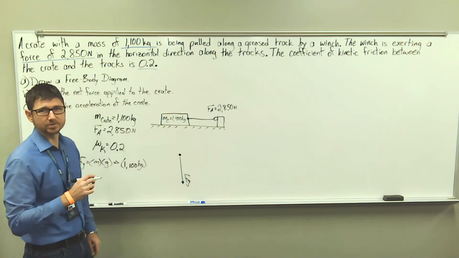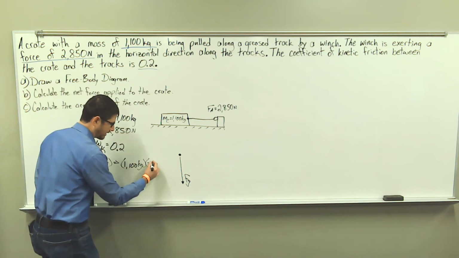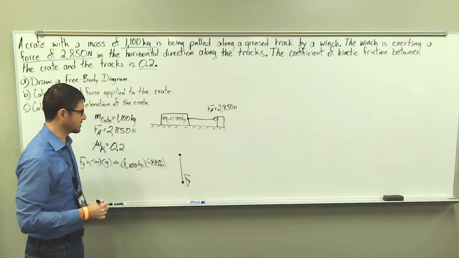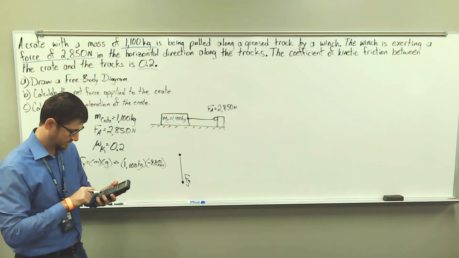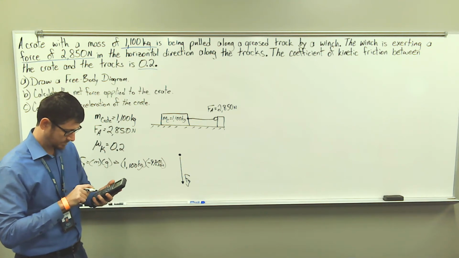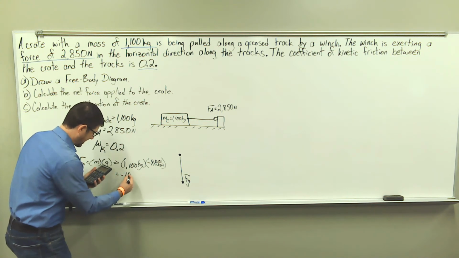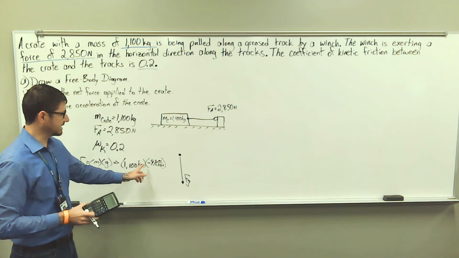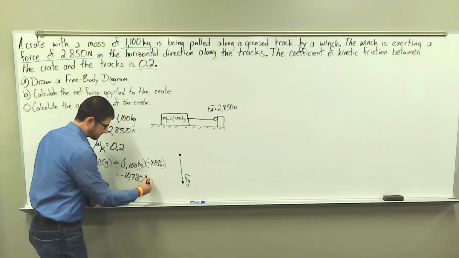And the acceleration due to gravity is negative 9.8 meters per second squared. Okay, let's go ahead and take out our calculators. And we get a negative 10,780, and the units, we have a kilogram meter per second squared, so that's a newton.